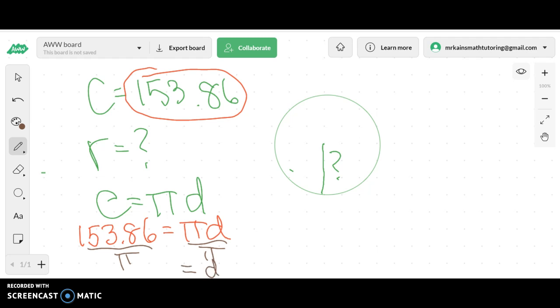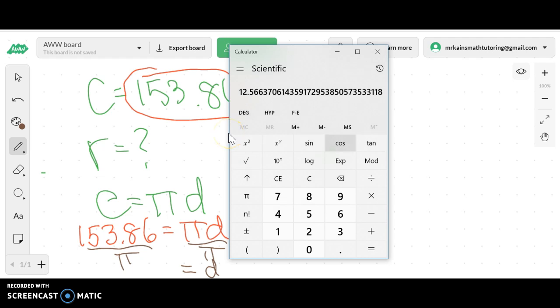So let's take our calculator. Let's clear it first. And let's do 153.86, and let's divide it by pi. And we'll see what we get. We get 48.97515. But here's the thing, ladies and gentlemen. That's the diameter. We don't need the diameter. We need the radius.